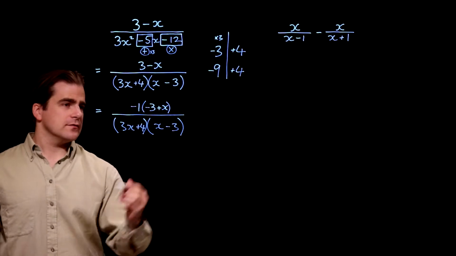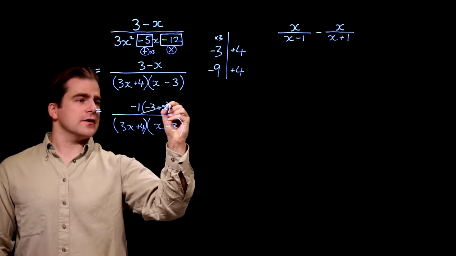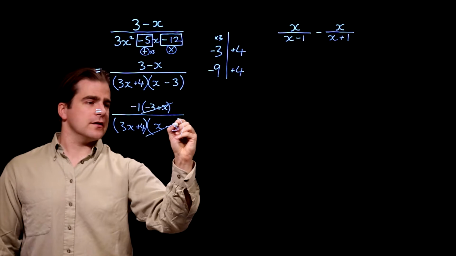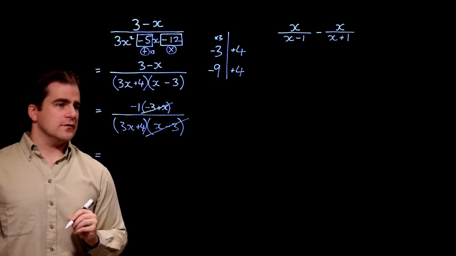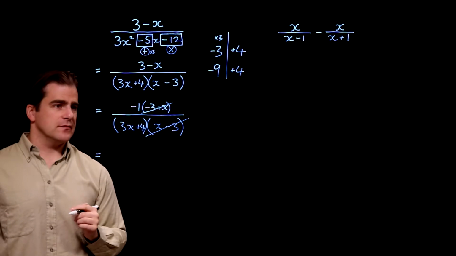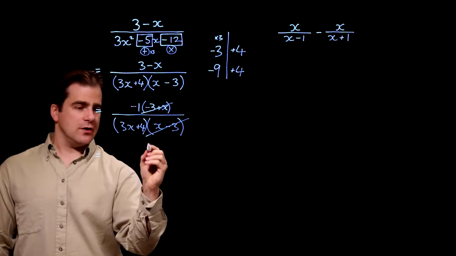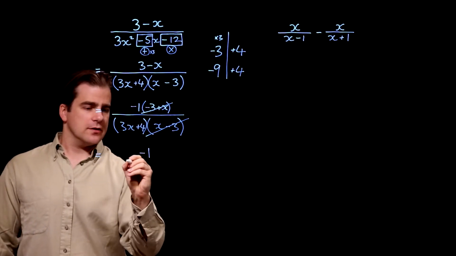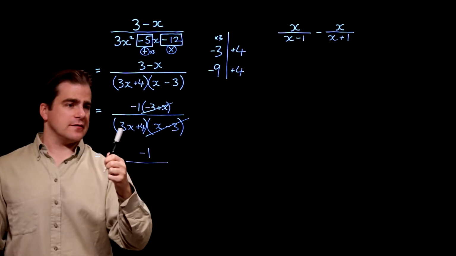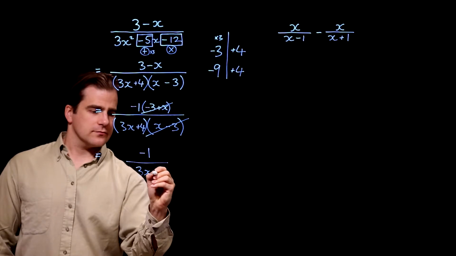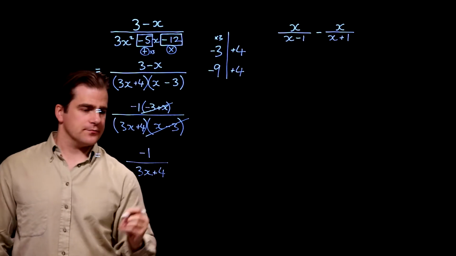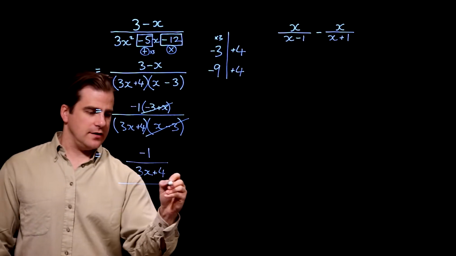So we can now cancel that and that. So that's done. We're left with minus 1 on the top, and we don't need the brackets anymore, 3x plus 4 on the bottom. There you go, that's the answer.